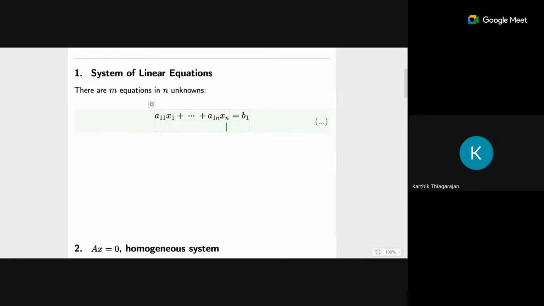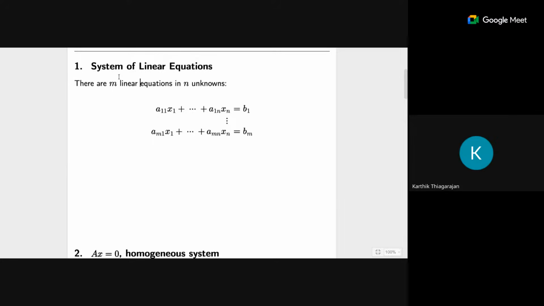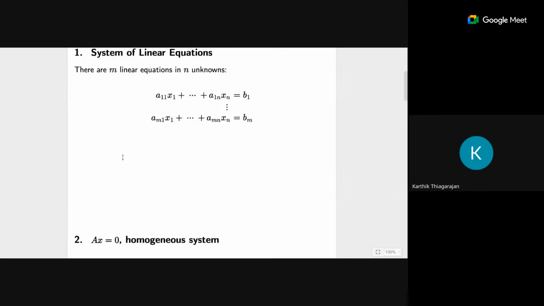Likewise you'll have a21 x1 and so on, all the way up to am1 x1 plus amn xn equal to bm. So this is a system of m linear equations in n unknowns.